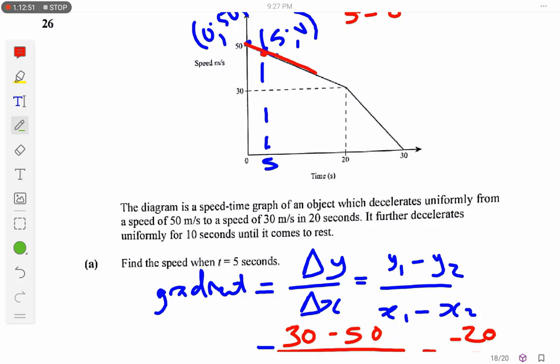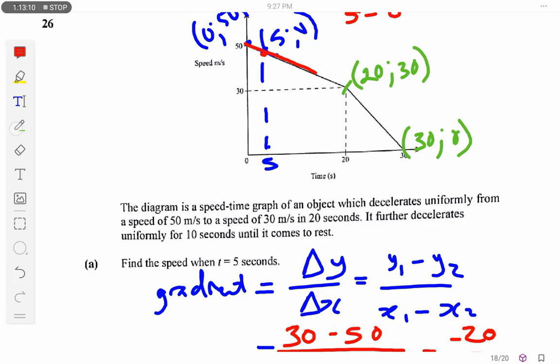Okay, this point here is a 20 and a 30 there, and here we have got a 30 and a 0.